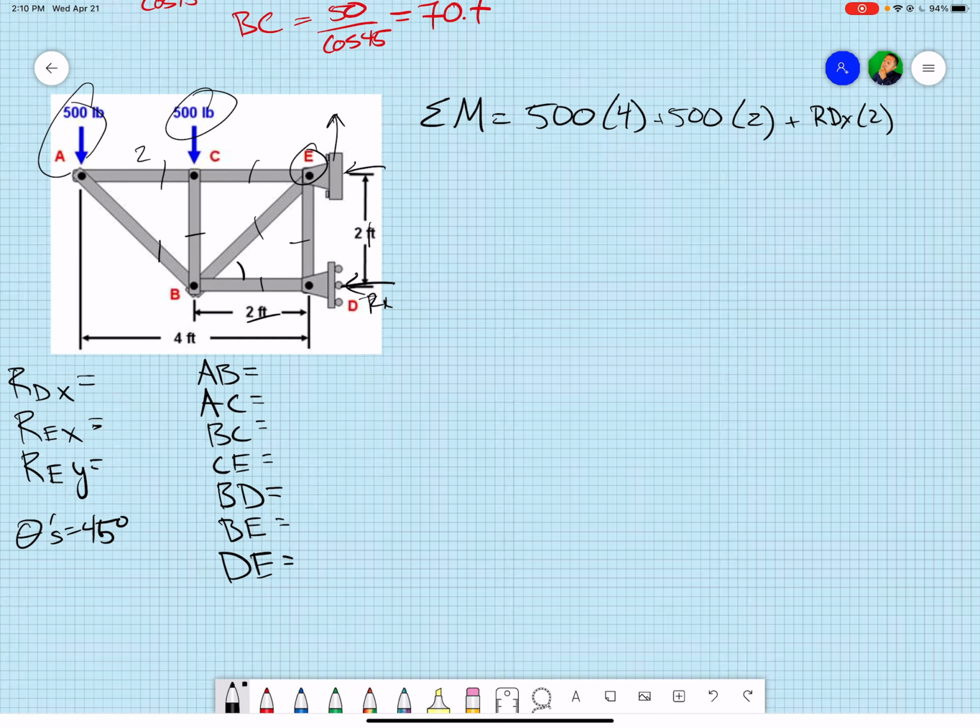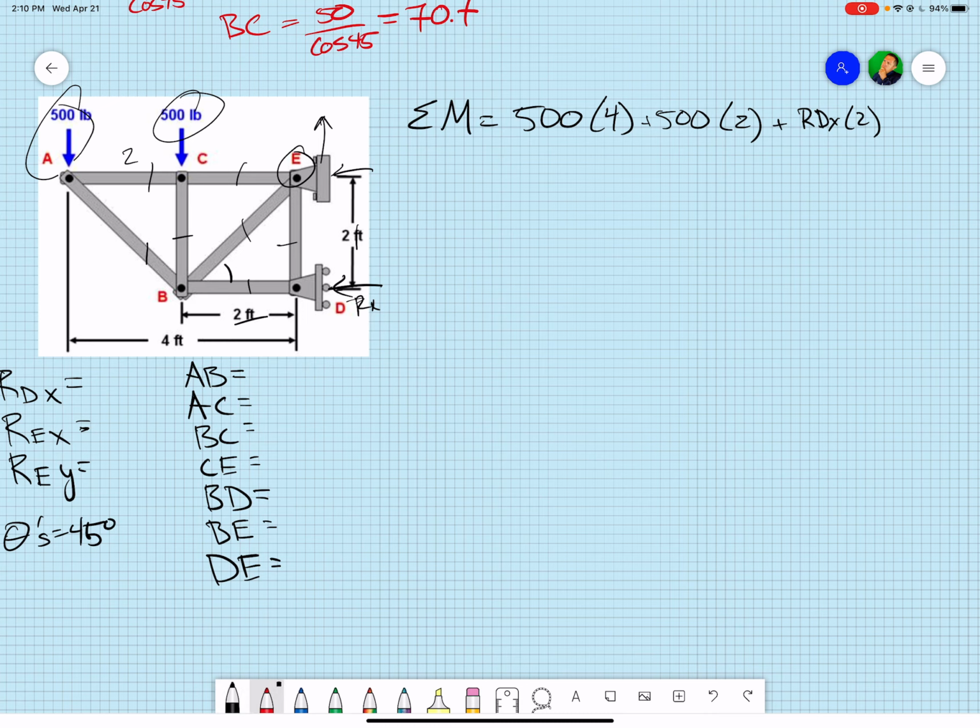Now, let's make sure our signs are right. So the 500 here and the 500 there are both going clockwise. And if I put my thumb down on the screen and curl my fingers in the direction of those 500s, I get a thumbs up. That's a positive for both of those. Whoa, and I put negatives. Why did I do that?